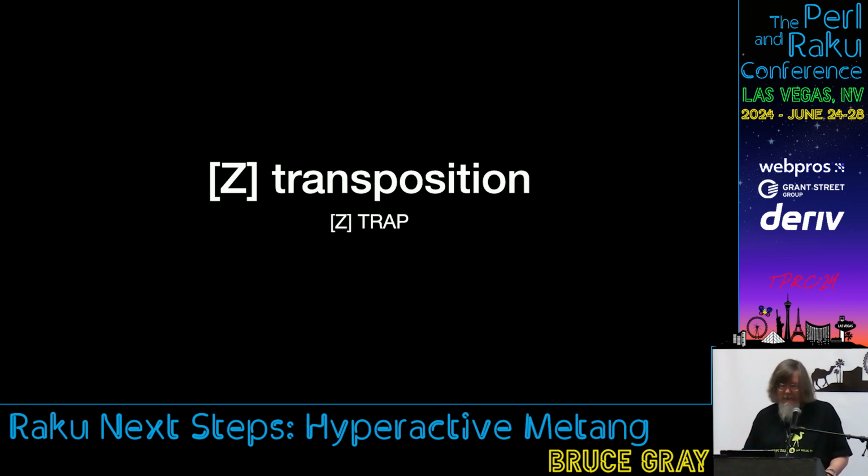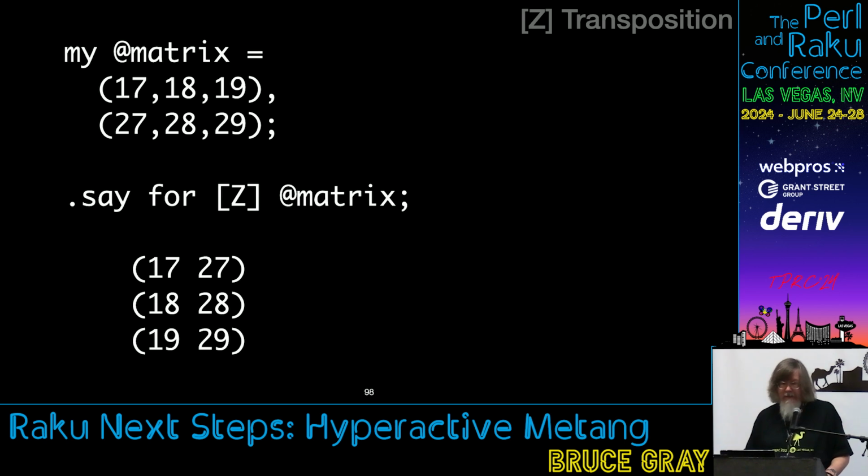And I'll probably skip over this except to say there is a weird thing that you will see people doing where you can transpose a 4x2 matrix into a 2x4 matrix just by putting Z in square brackets, and it works a charm. And every time I have to look closely at how does that really work? Oh, that's how it works every time, except it doesn't. There is one case where it won't work, and if you don't know about it, it will bite you sometime.